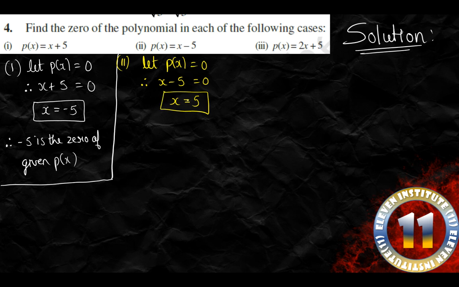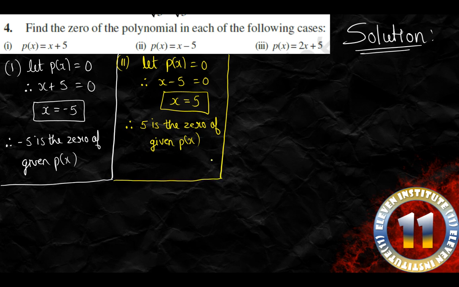When P of x is 0, the answer of x is 5. So we can write therefore 5 is the 0 of given polynomial with variable x. Fine. Let us now solve the third one.